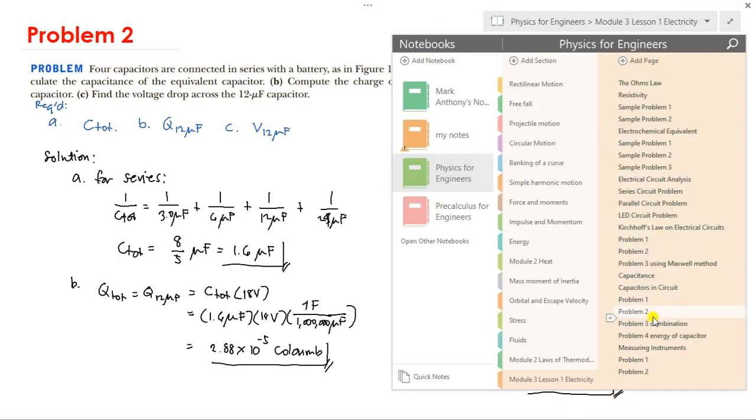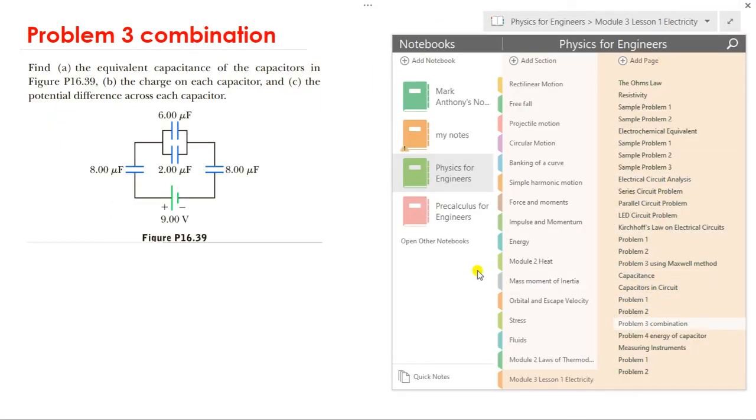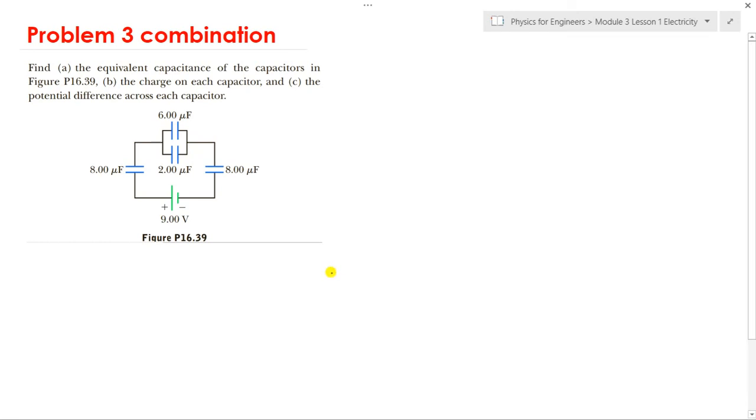So let's proceed to the next one. Here we have a combination of capacitors, both in series and parallel. Here, we will simplify and rearrange. So I will draw it.